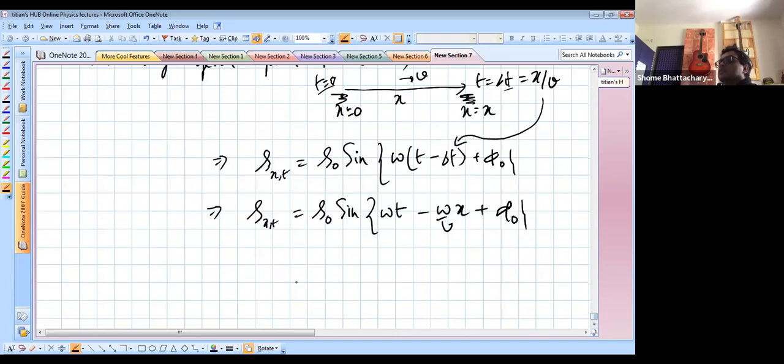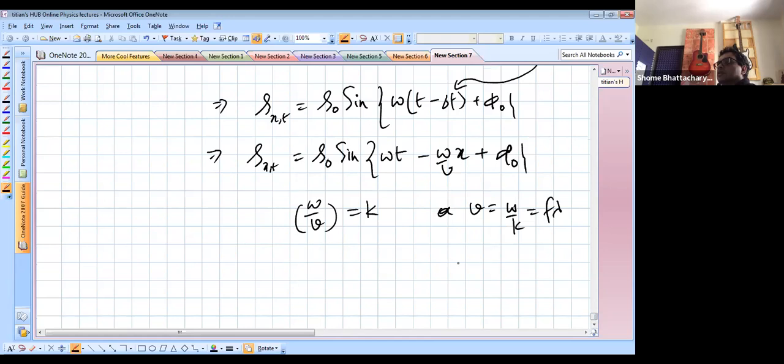So this omega by v term is what we call k, or we have the wave speed equal to omega by k, which is f lambda. So again, this time the wave propagation speed depends on the bulk modulus of elasticity and the volume density.